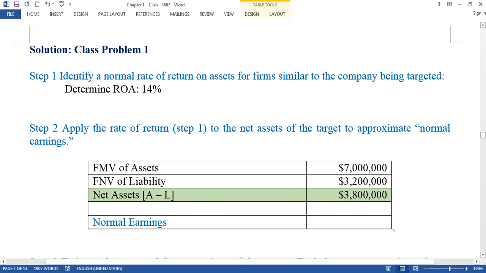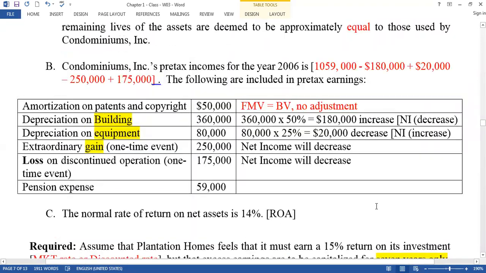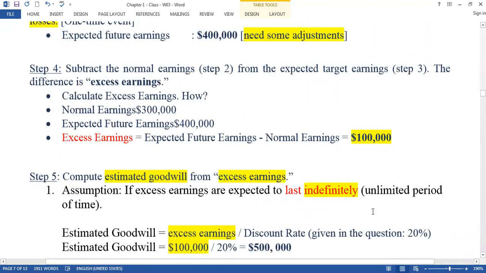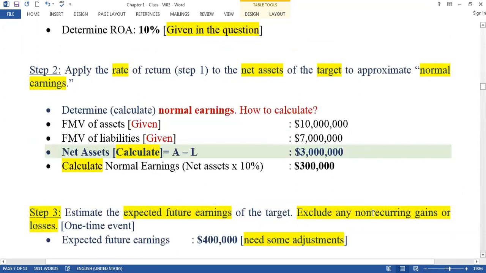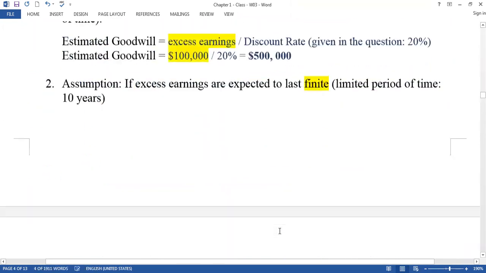So what is the formula of normal earnings? Can you remember? It is net assets times ROA, right? Yes, this is the formula. Net assets times ROA.